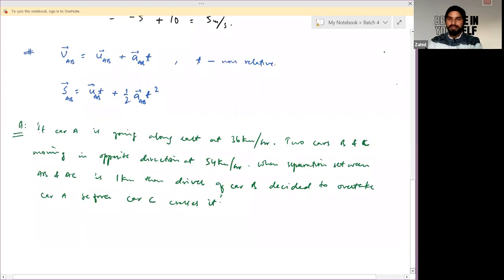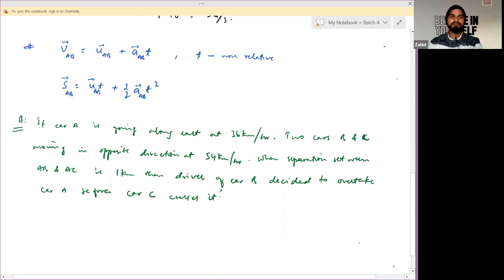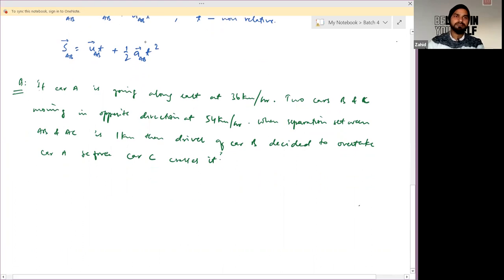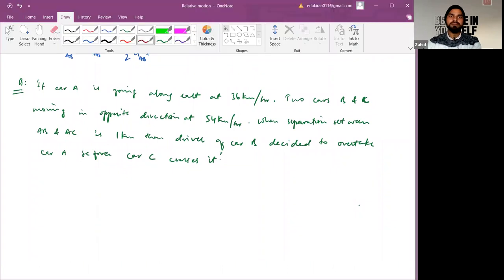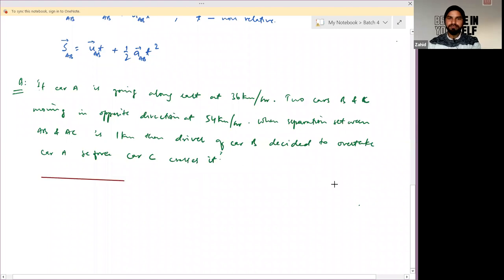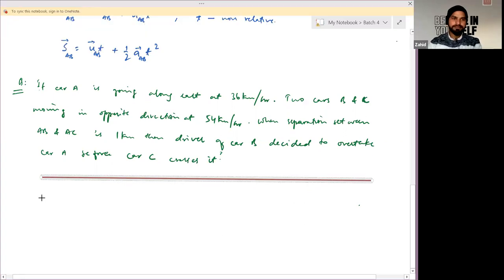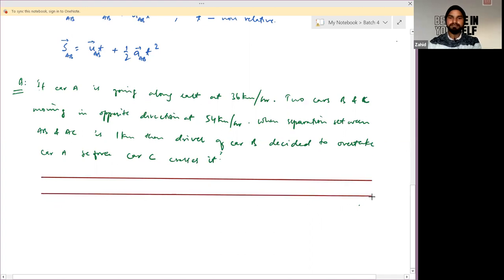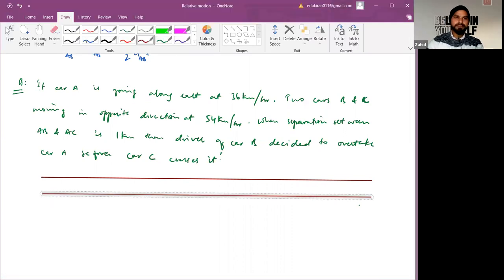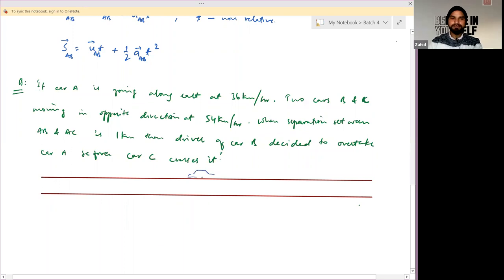Let me define you according to diagram. Suppose you have path along east-west like this, on which car A is going along this direction, and cars B and C moving opposite direction, like this.